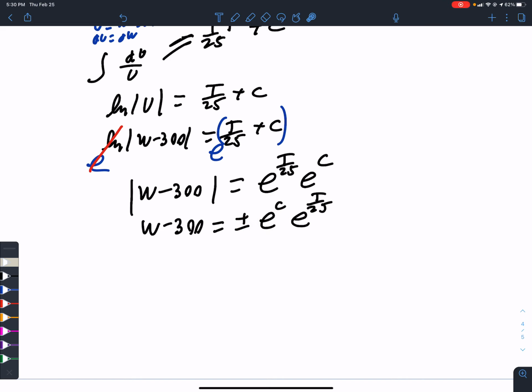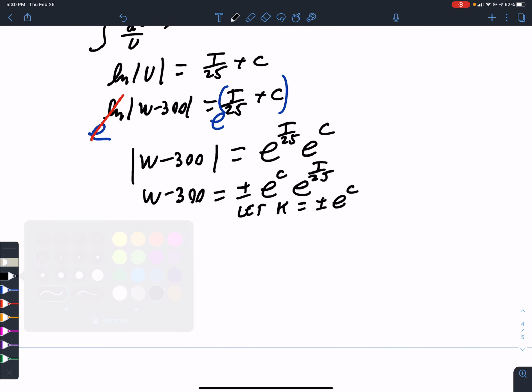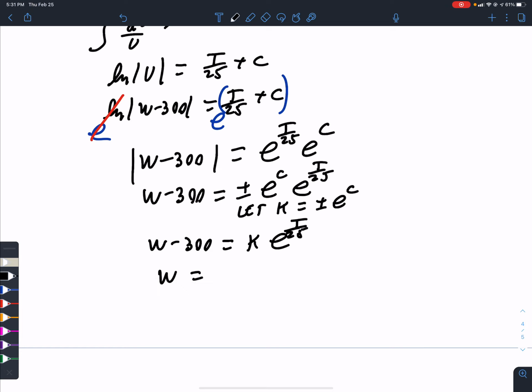Well, I don't know which particular solution, but I'm going to do this. I'm going to let k equal plus or minus e to the c. And what's that going to do for us? Watch this. W minus 300 is equal to k e to the t over 25. That is so beautiful. I'm going to add 300 to the other side.